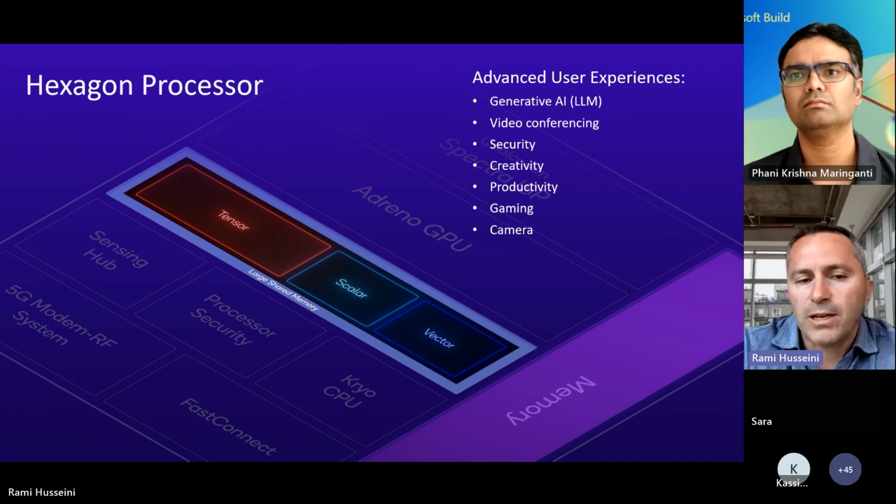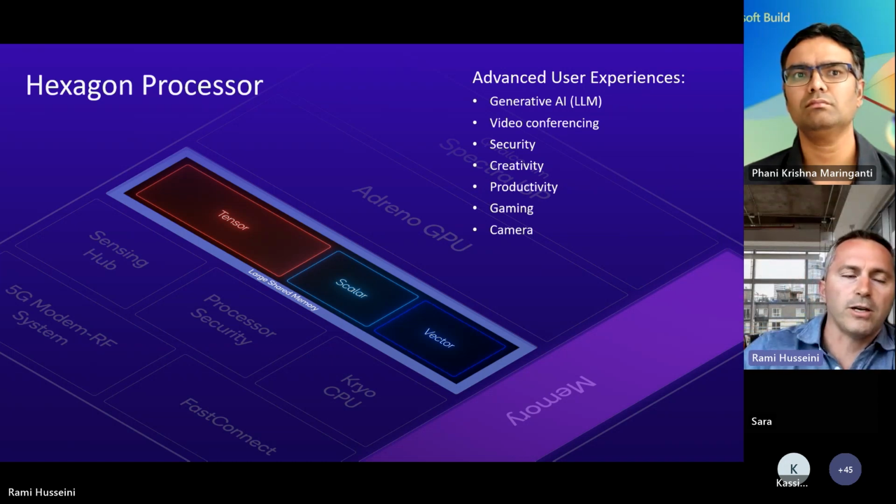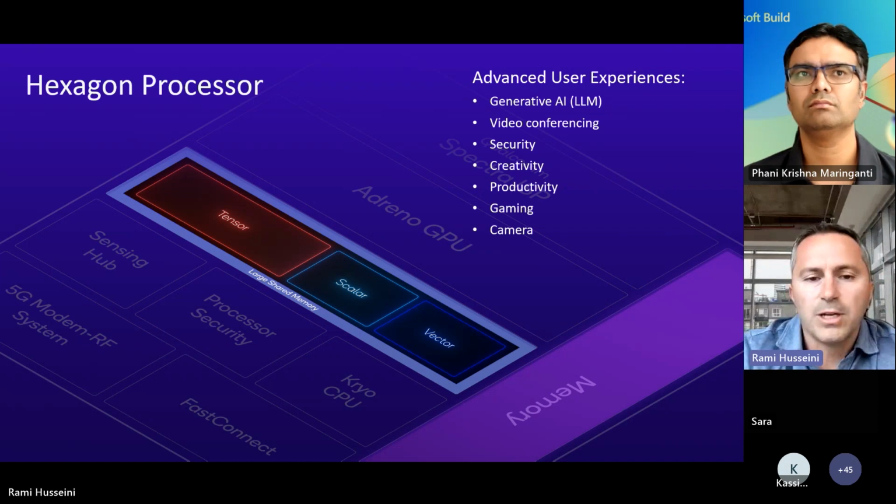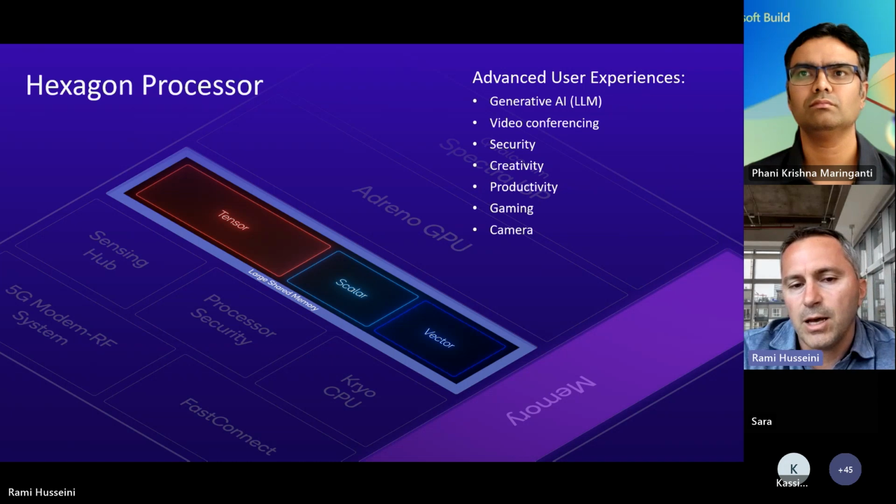That's why we're really excited to have our Hexagon processor, which is our NPU, where you can run those workloads concurrently on a dedicated processor that's custom built for AI workloads. This can process scalar calculations, vector calculations, or even tensor.